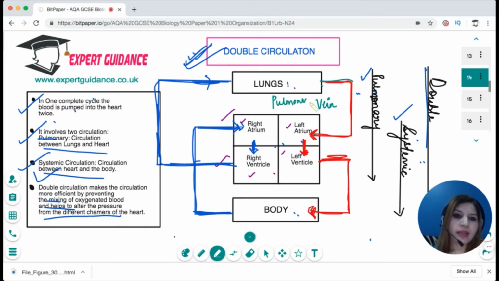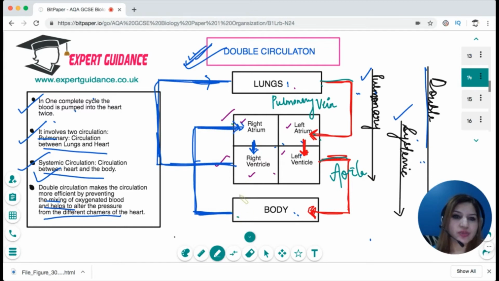So the blood comes from a pulmonary vein to the left atrium. Then it goes to the left ventricle, and then from the left ventricle, it goes to the body. So blood is going away from the heart. So this has to be an artery, and it has to be the largest artery, as it has the most difficult task of sending the blood to all parts of the body. So this is the aorta, which is our largest artery. Then the blood comes from the body to the heart.